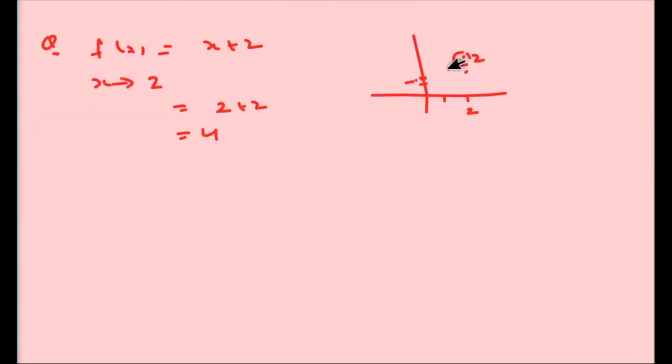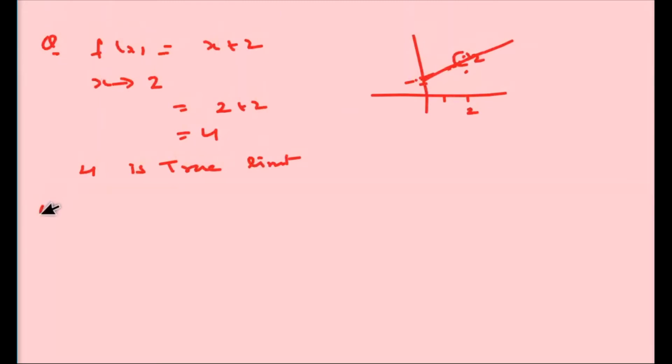So you find a point just on the graph, that is why we can say 4 is the true limit.